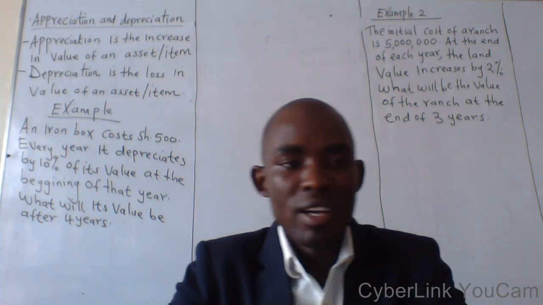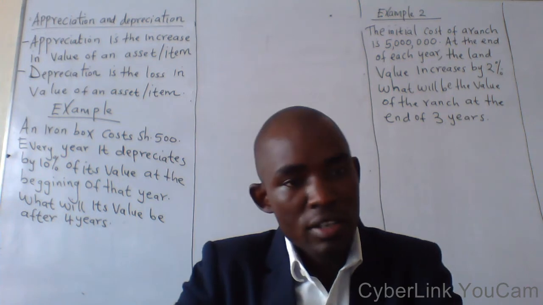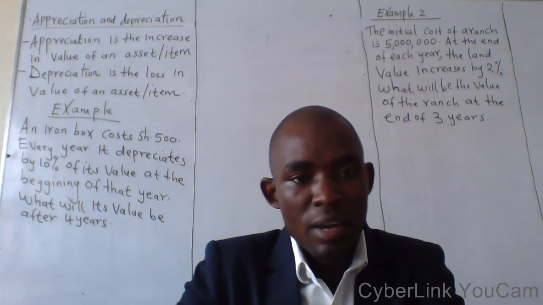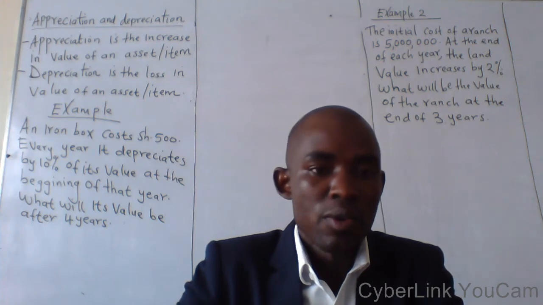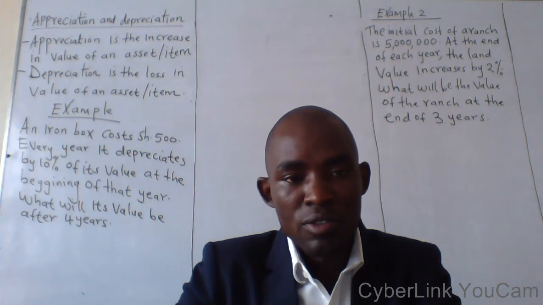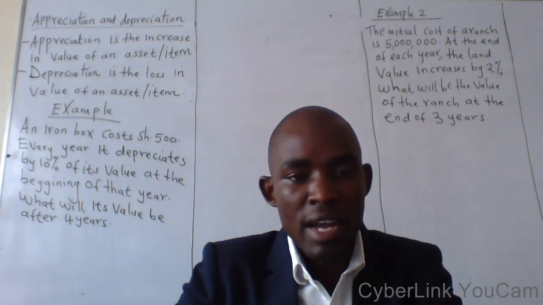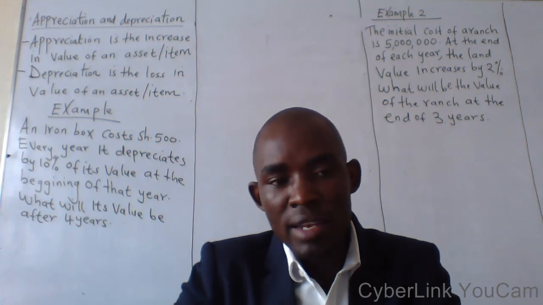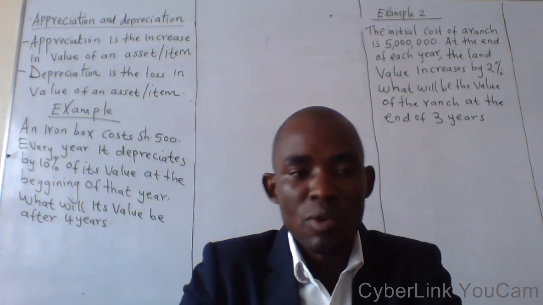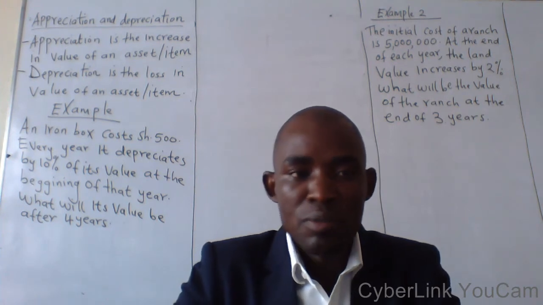We shall be looking at appreciation and depreciation. As you can see from the notes, appreciation is the increase in value of an asset or an item. Depreciation can also be defined as the loss in value of an asset. If you buy an asset which keeps on reducing its value, then we say it's undergoing the depreciation process.